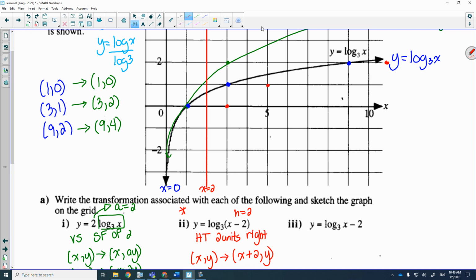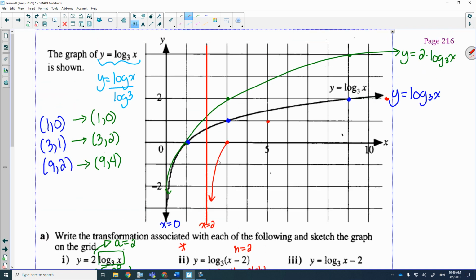Like you will know that these 3 dots will be connected, and then it's going to get close to your VA, hug your VA, but never touch or cross your VA. So it would go down like this, arrowhead at the bottom, and then it'll go like that. So that is the graph of y is equal to the log base 3 of the function x minus 2.